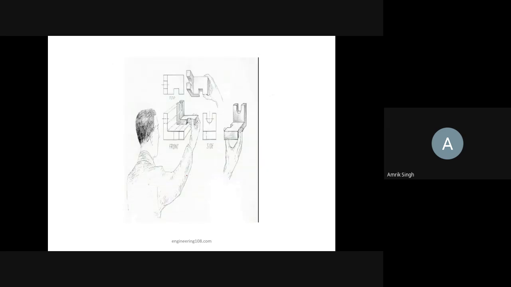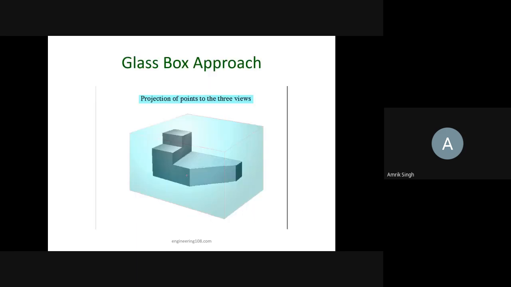We have opened it in this way, so you get this view. We have opened it in the upper direction, and this is the frontal view. This is how the front view looks from the side. So you have to imagine this and generate these drawings. It is a glass box approach, as I told.